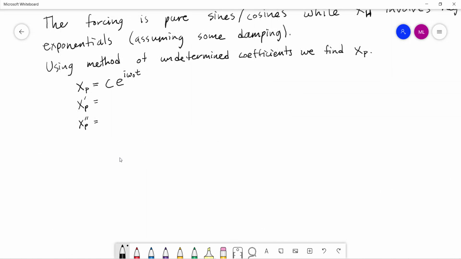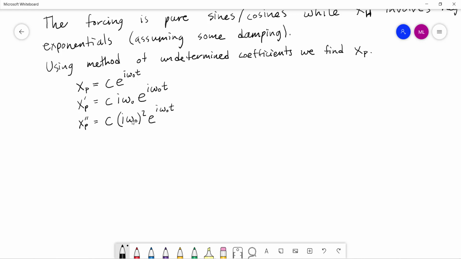When I take the first derivative, I will get C, I will pick up a factor of i omega naught, and I will have e to the i omega naught t. And then when we take the second derivative, again, I'll have my C there. I'll pick up another factor of i omega naught. So I'll have i omega naught squared times e to the i omega naught t.